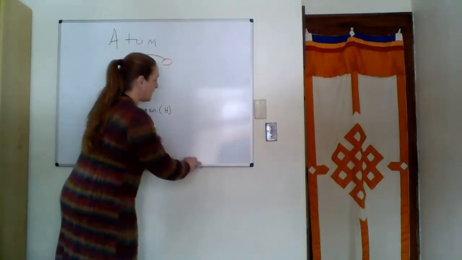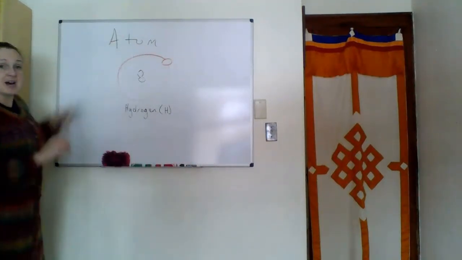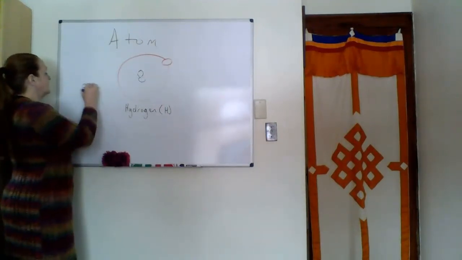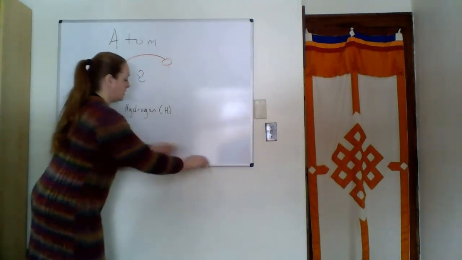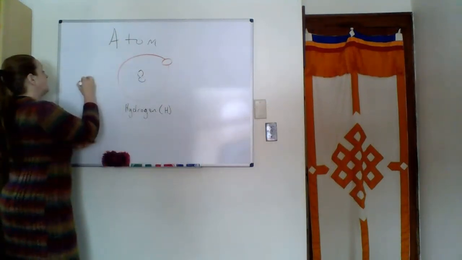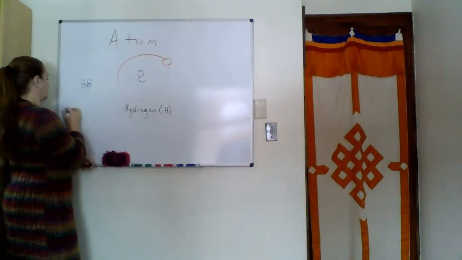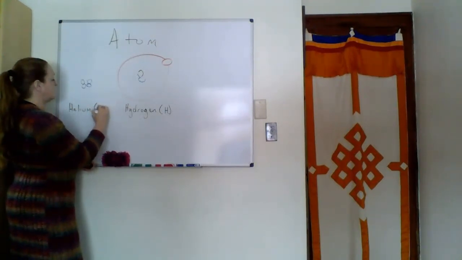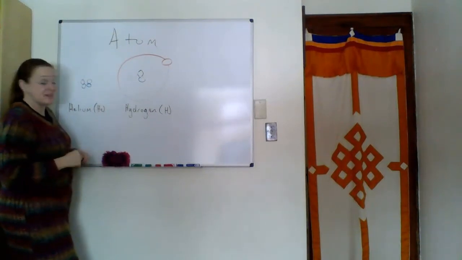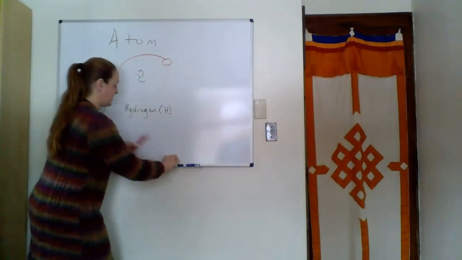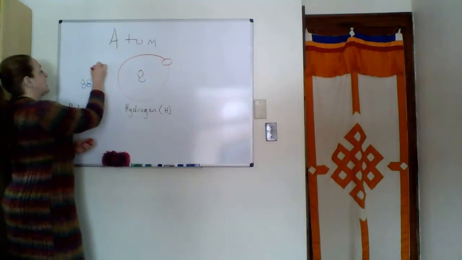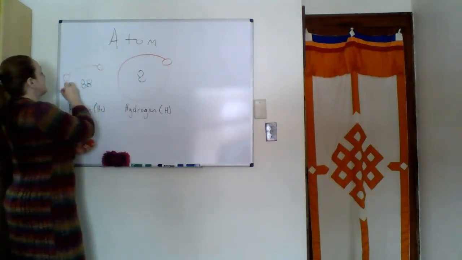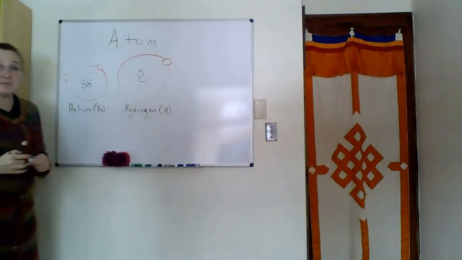So I'm going to draw another atom just over here to the side. And this atom is going to be helium. And helium we're going to abbreviate with He. And helium is really neat because it has 2 electrons in its outermost electron shell.